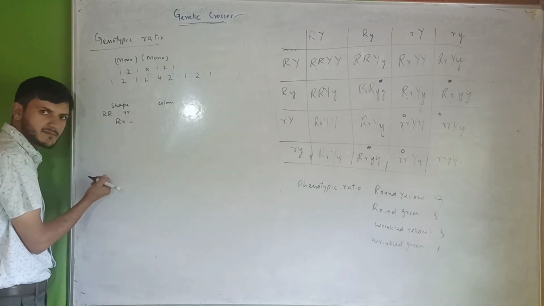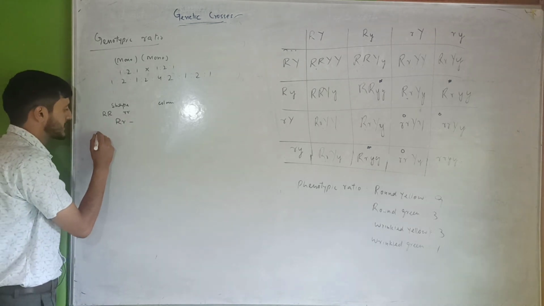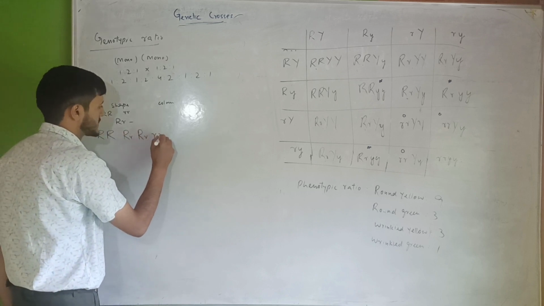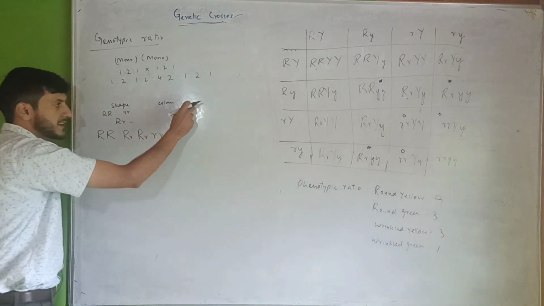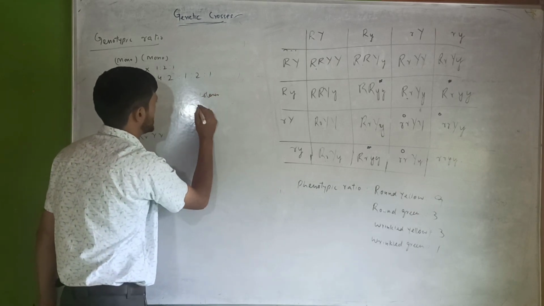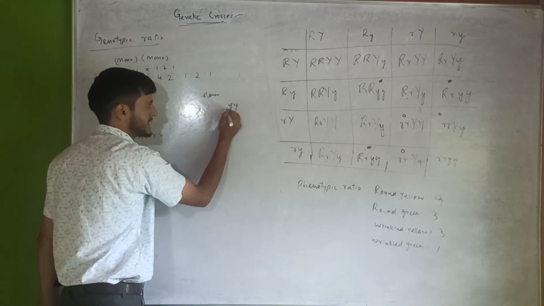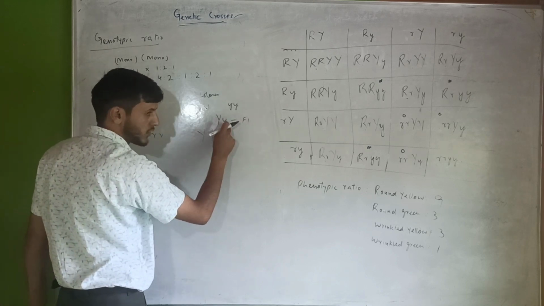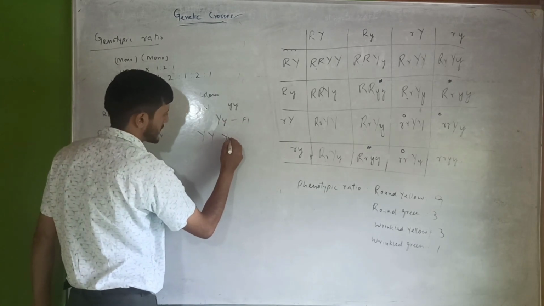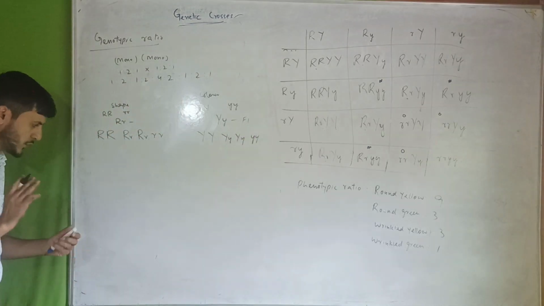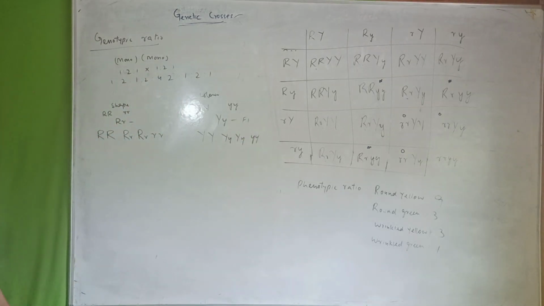When F1 is self-crossed, we get capital R, capital R, capital R, small r, capital R, small r, small r, small r. Again here for color, yellow, green. This is the F1 self cross: capital Y, capital Y, capital Y, small y, capital Y, small y, small y, small y.